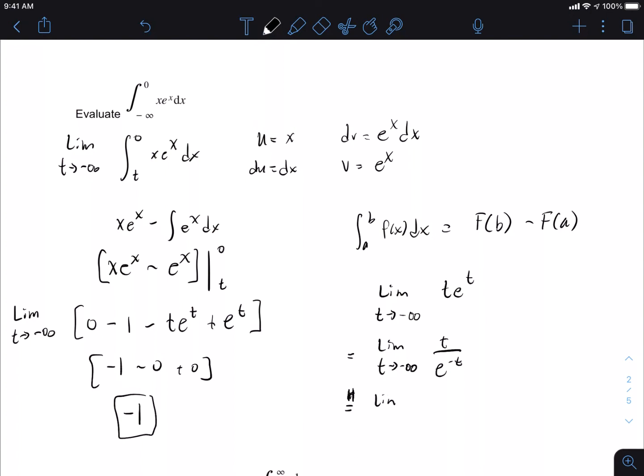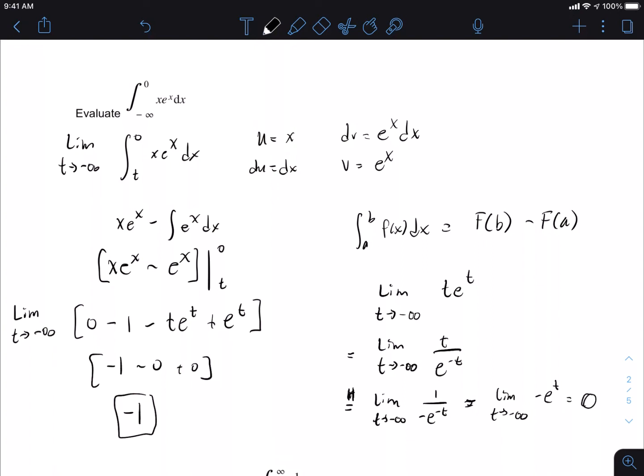So I'm going to get the limit as t goes to negative infinity of 1 over negative e to the negative t. And we can see that's the same, and I already see what the answer is, but that's okay. The limit as t goes to negative infinity of negative e to the t is 0.